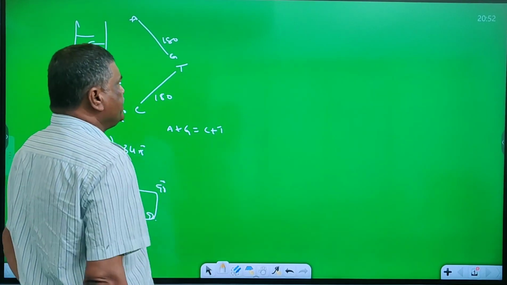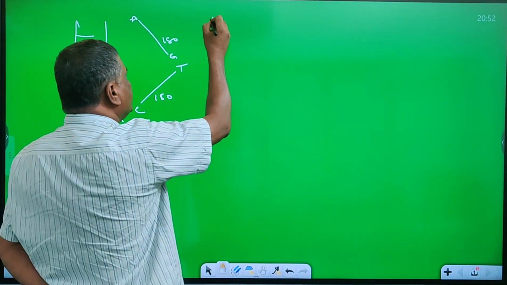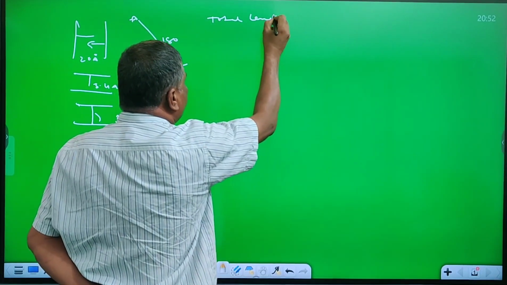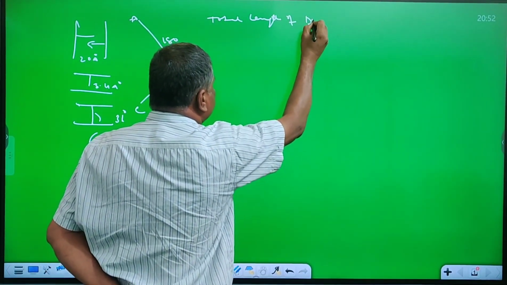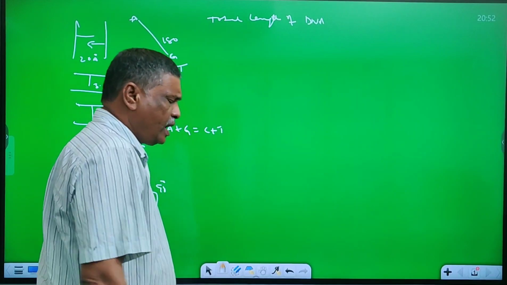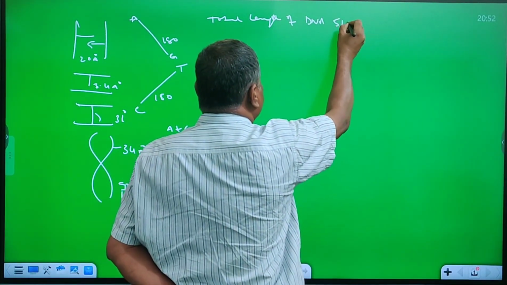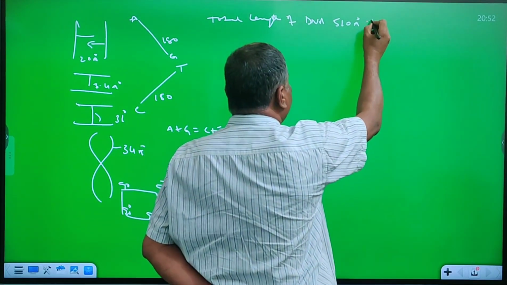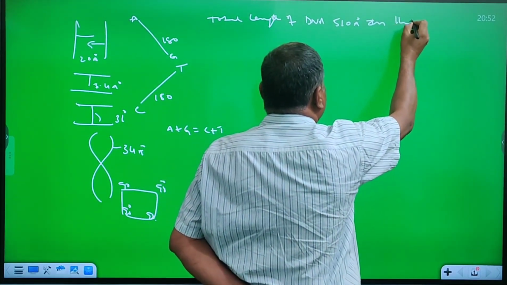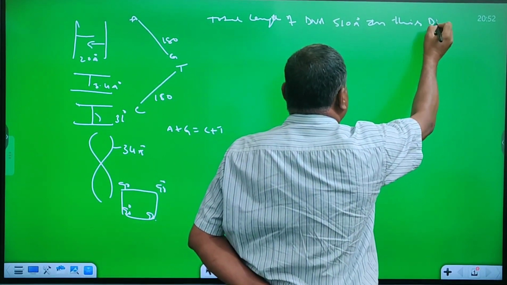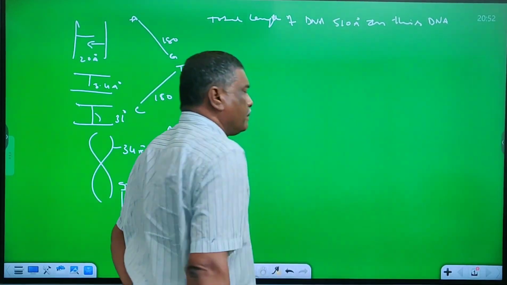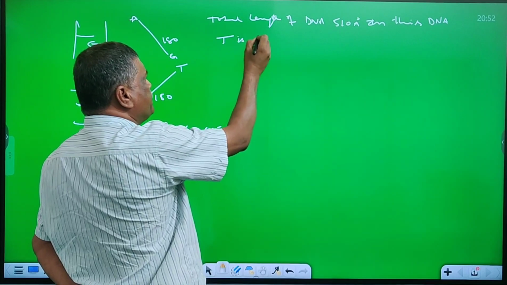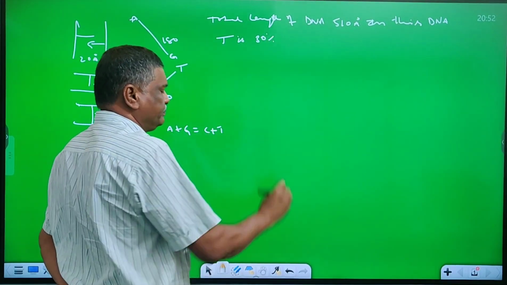What they gave in the question is the total length of DNA is 510 angstroms. In this DNA, T is 30%.